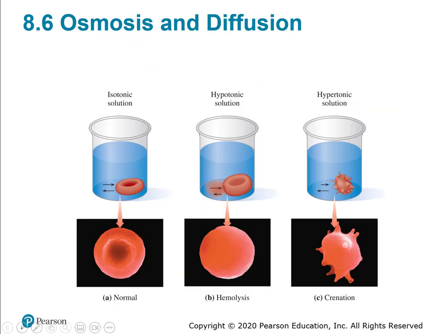I like this picture because it sort of shows you the same conditions. So in isotonic, remember this means equal. This is when the solute and water in and out of the cell are the same. If we were talking about salt solutions, 0.9% NaCl is called physiological saline. Physiological means that's normal body conditions for humans.